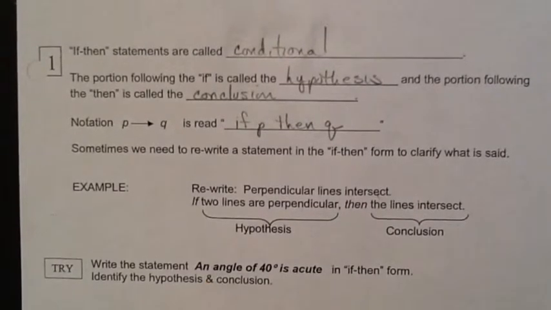All right, so pause the video and go ahead and give this one a try. An angle of 40 degrees is acute. So we want to write that in if-then form, then identify the hypothesis and conclusion.